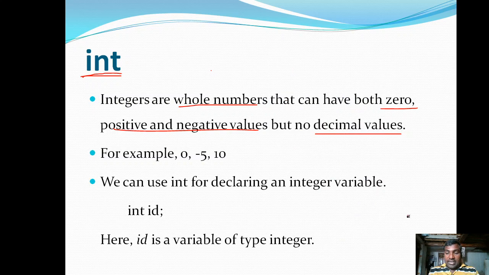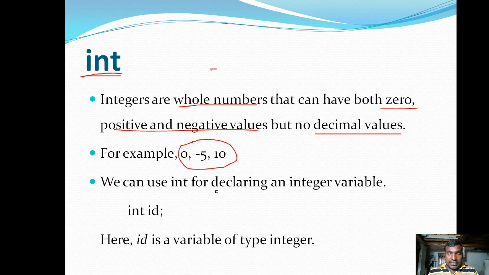So we are not accepting fractional values, but we can accept any kind of number, positive or negative, including 0. For example, 0, minus 5, 10 are all valid integer constants.